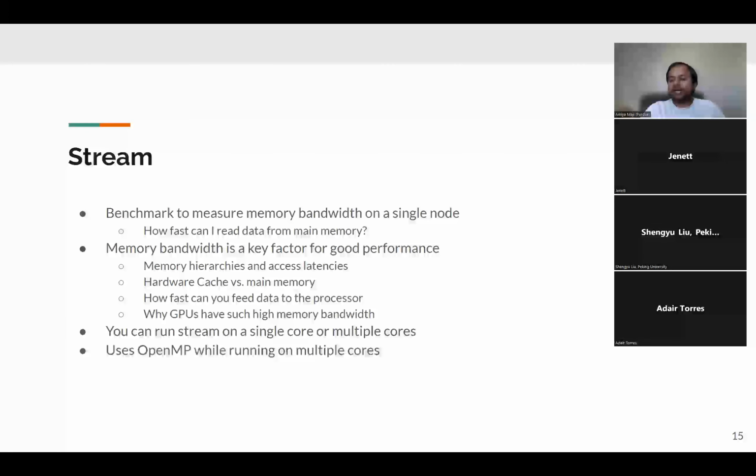Now, the definition of multiple cores can vary depending on how many cores can saturate your memory bandwidth, right? So if you have 128 cores, maybe running on 16 cores will give you the best memory bandwidth performance. And you need to figure out from experiments what is that magic number that's giving you the best memory bandwidth on your hardware.